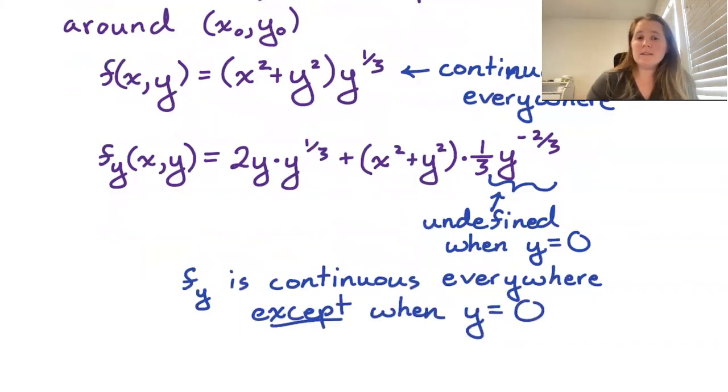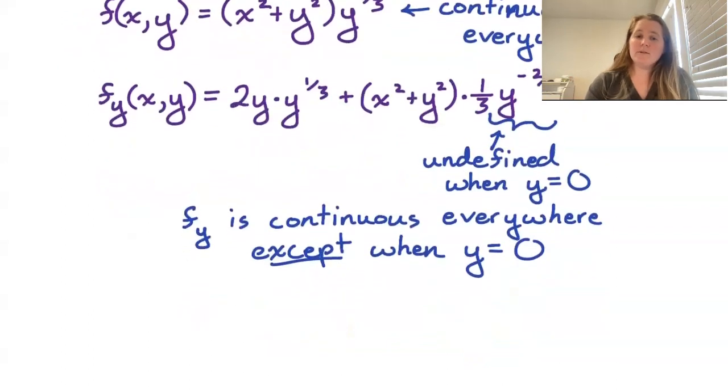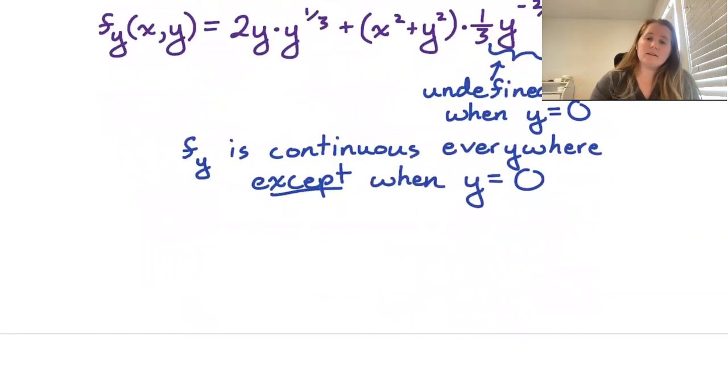So for existence, we just had to focus on f. We had continuous everywhere, so we always had a solution. For uniqueness, looking at that partial with respect to y, we have now added in that condition that y cannot equal 0, since f y is not continuous there.